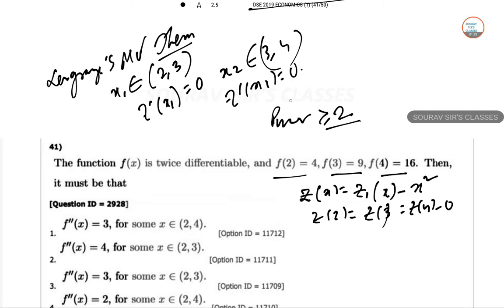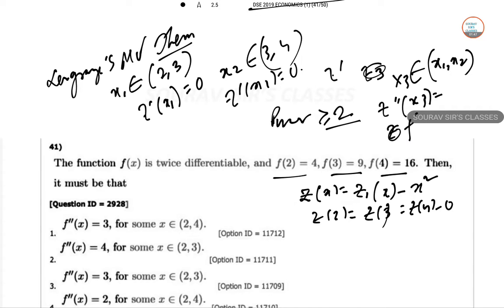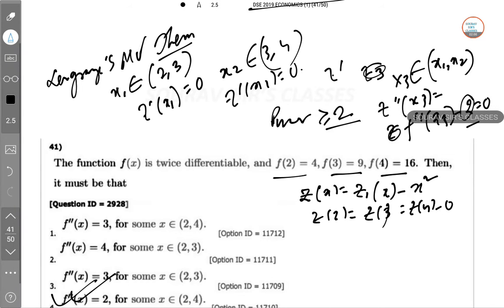So the mean value theorem we can apply to z dash, and we can get another x3, which belongs to x1 and x2, such that z double dash x3, that is f double dash x3 minus 2, equal to 0. So this lies between 2 and 4, so this double derivative will only be 2. So the answer is the last option.